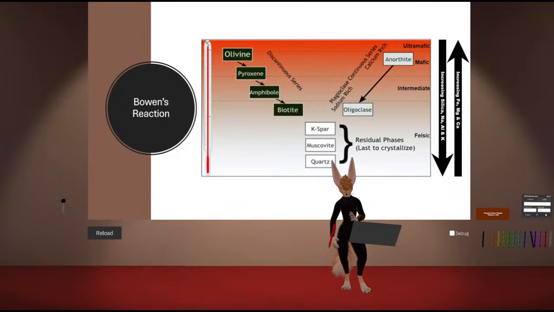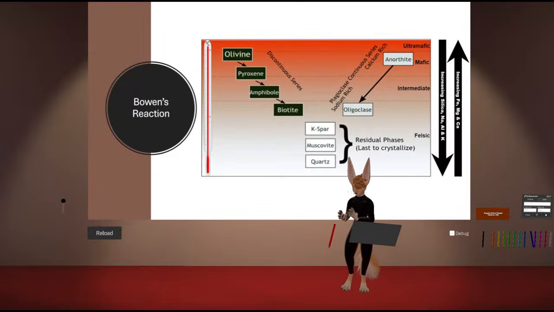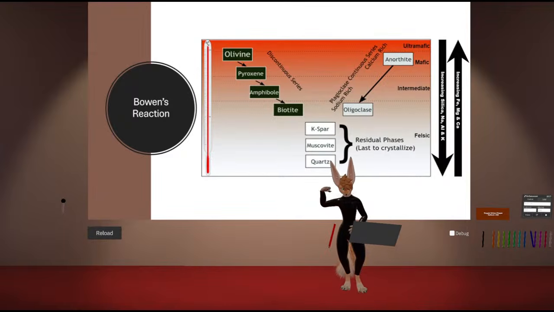And anorthite and oligoclase are types of plagioclase feldspars. Mafic rocks, basalt, gabbro, again high in magnesium. Intermediate rocks, andesite, diorite, intermediate ratio of silica to iron magnesium. Felsic rocks, rhyolite, granite, are high in silica.